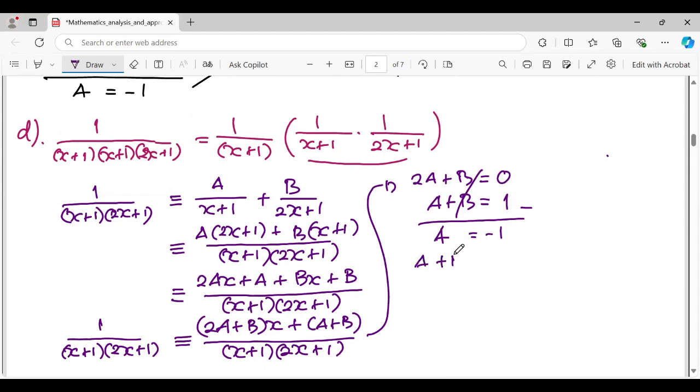A plus B equals 1, so minus 1 plus B equals 1. So B equals 2.